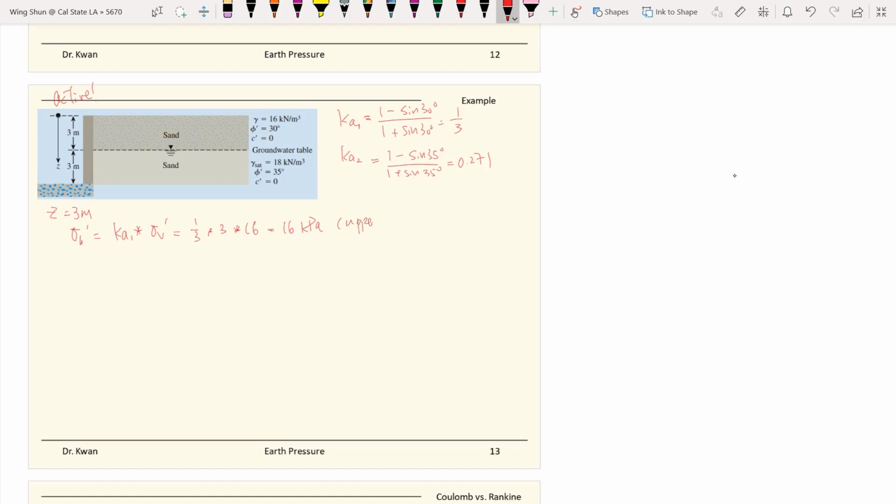So this is the upper layer. But for the lower layer, this time we have different materials, which is different friction angles, giving us a different horizontal stress. So this time is 0.271 times 3 times 16 again. That gives us a slightly different number, which is 13 kilonewtons per meter square, which is the kilopascal.